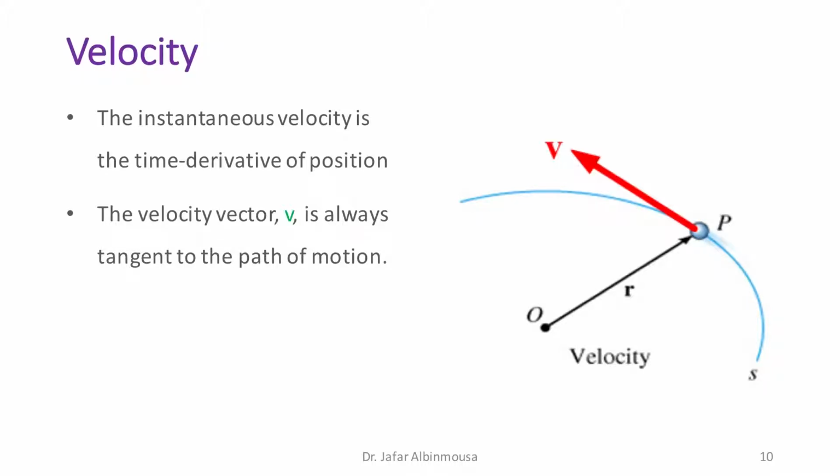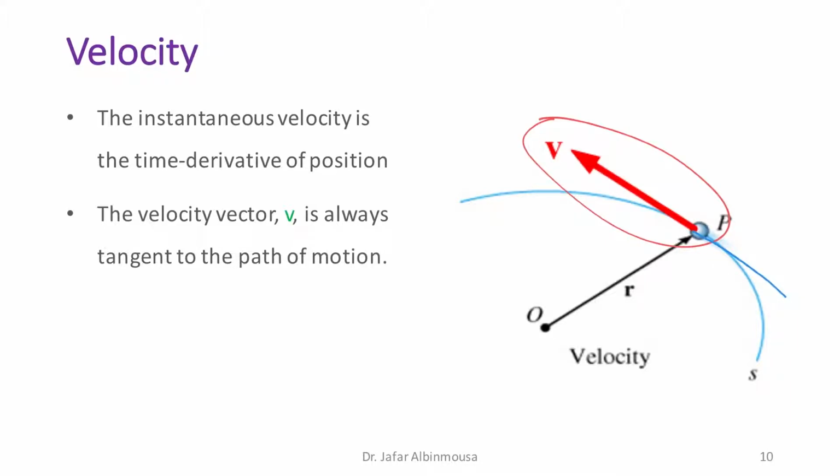As we defined the average velocity here, we are going to define the instantaneous velocity, which is basically the time derivative of the position. What is important to note is that the velocity vector is always tangent to the path of the motion. So this one is basically tangent to this path.